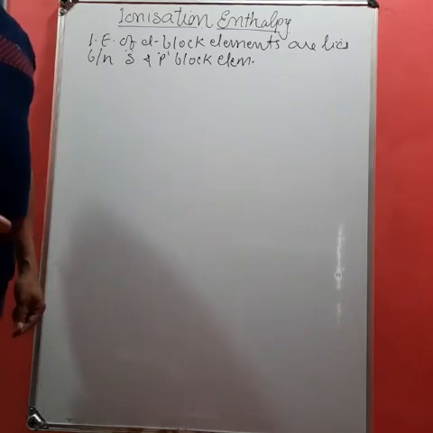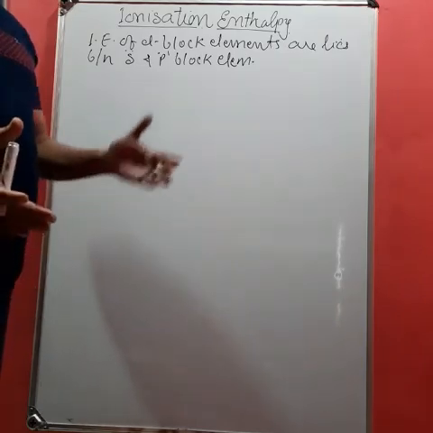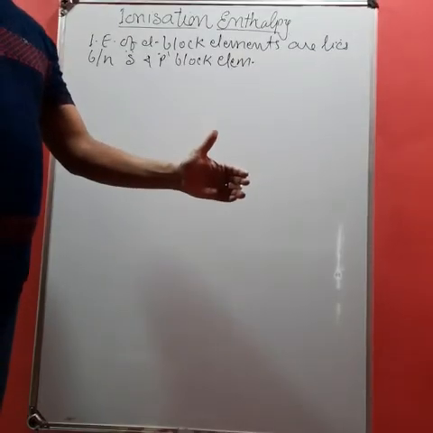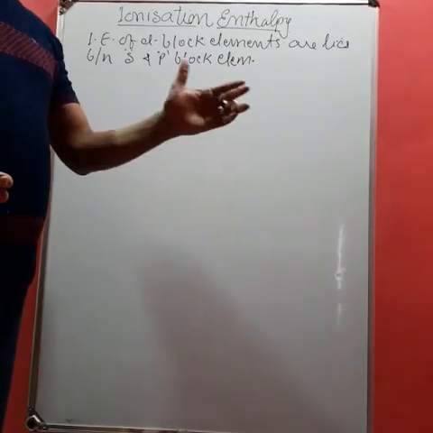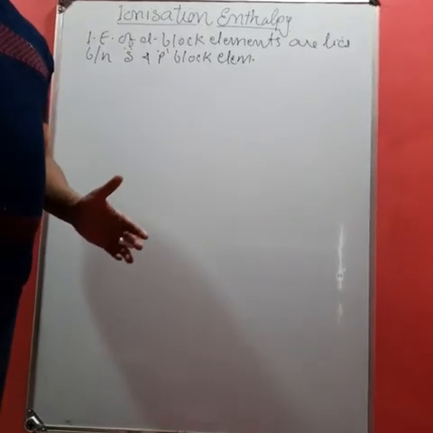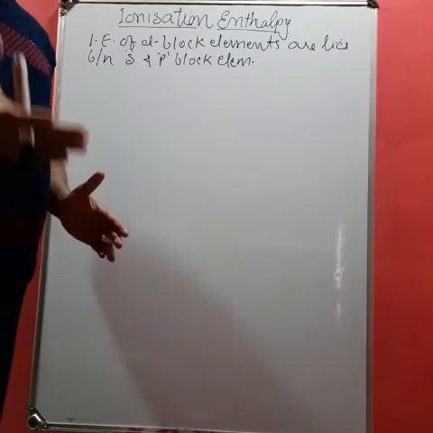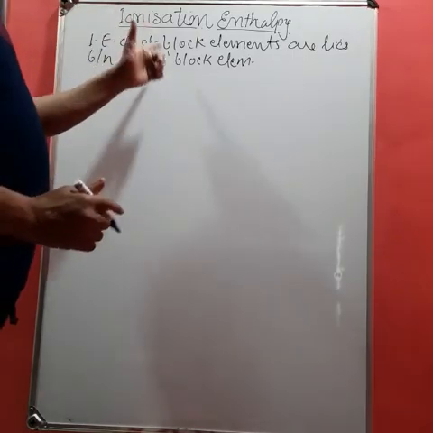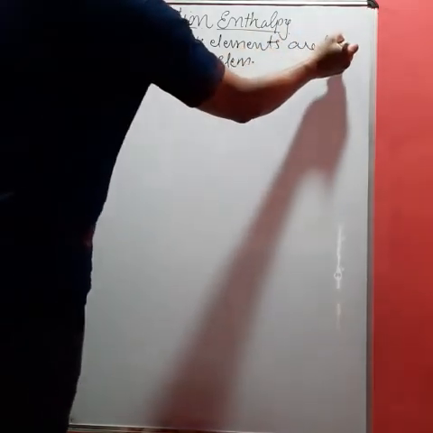Now, the d block elements are placed just between s block and p block. Therefore, their ionization enthalpies are higher as compared to s block elements, but lower as compared to p block elements. Therefore, we are saying their ionization enthalpies lie between s and p block elements.